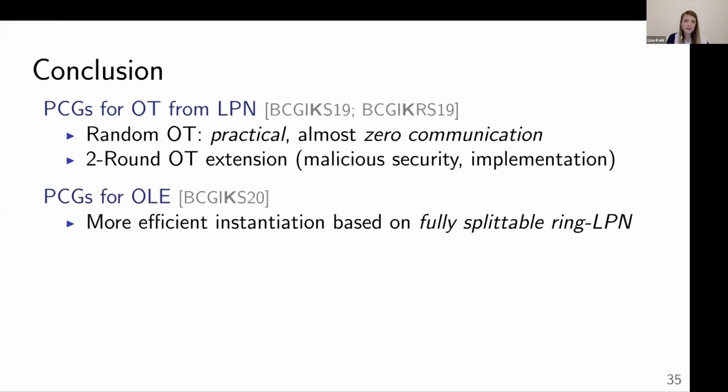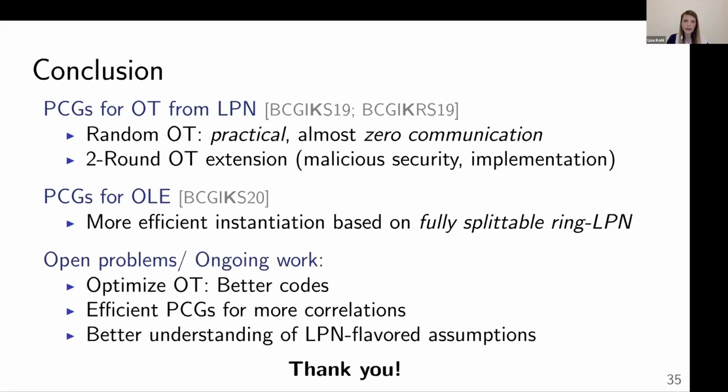And we showed very recently that for oblivious linear evaluation, you can get a more efficient instantiation based on fully splittable ring-LPN. And there's a lot of work still to do in this area, as it's a very young area. One thing I already mentioned is to optimize oblivious transfer, so find better codes.